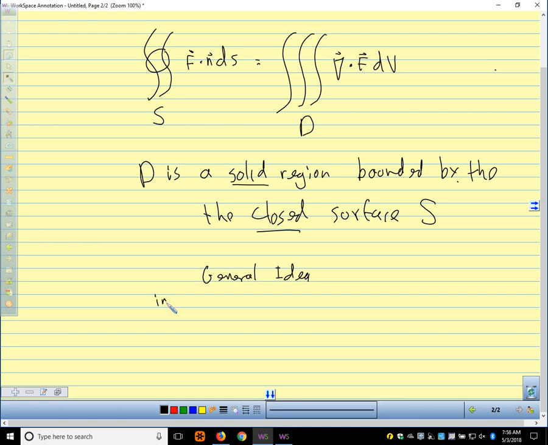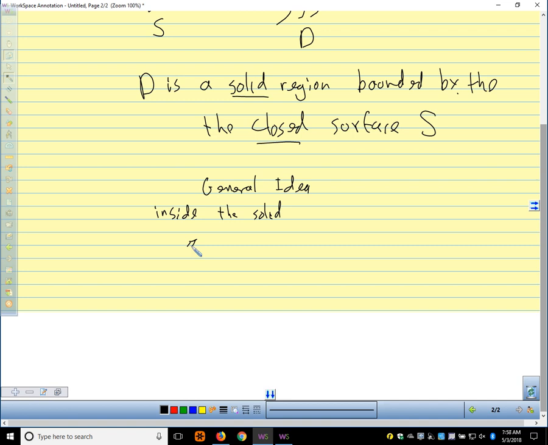Inside the solid, if we have a small piece of volume, a little cube whose volume is dV, a very, very tiny little chunk of volume in there, the idea is that the flux in, because it's a small enough piece of that solid, whatever flows in there is going to flow out.